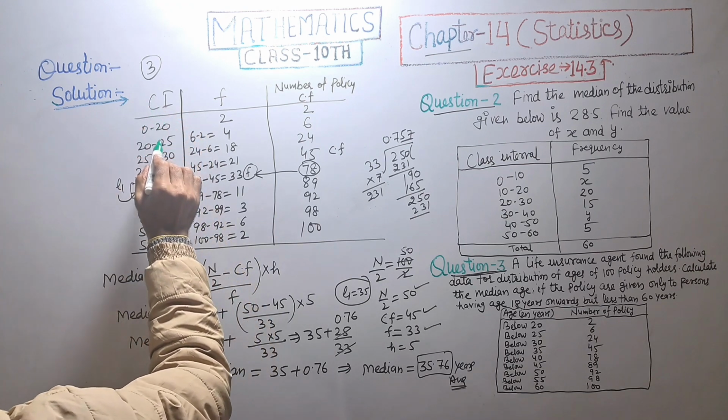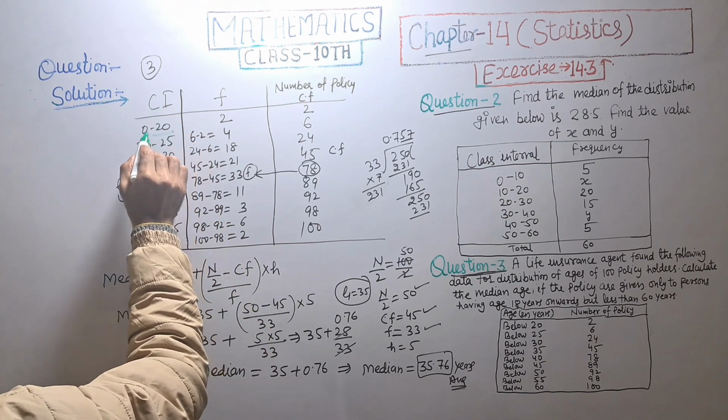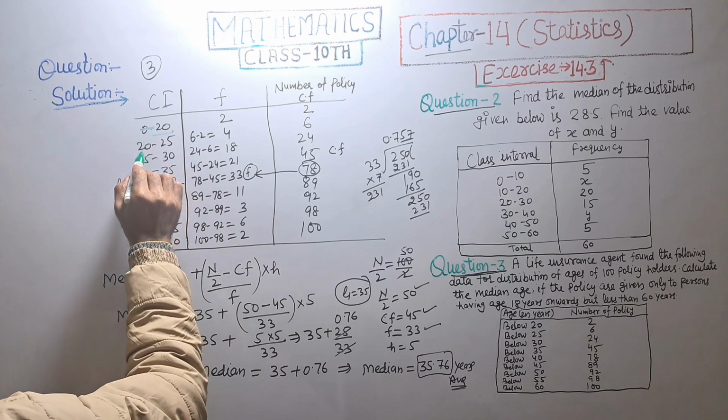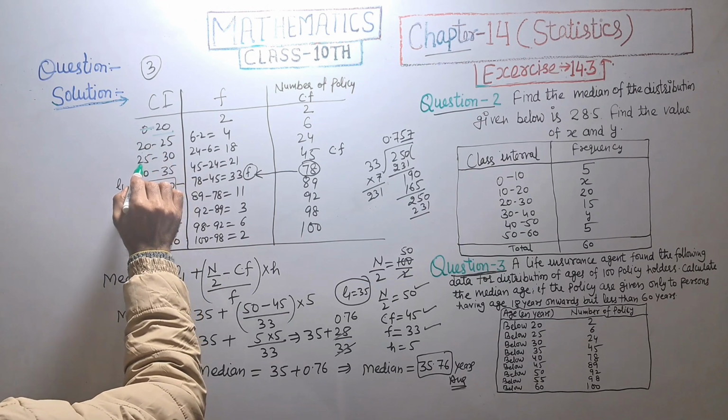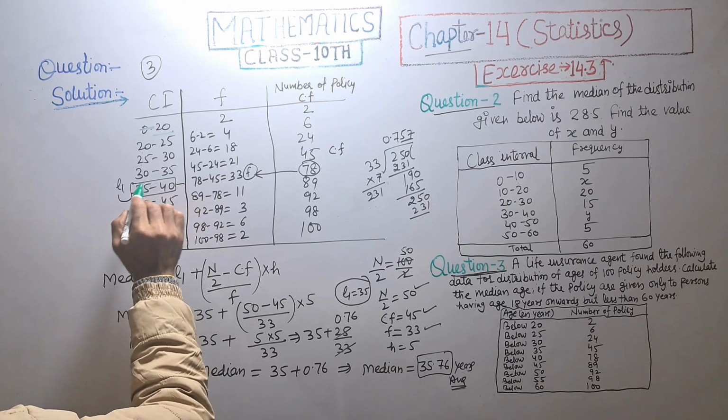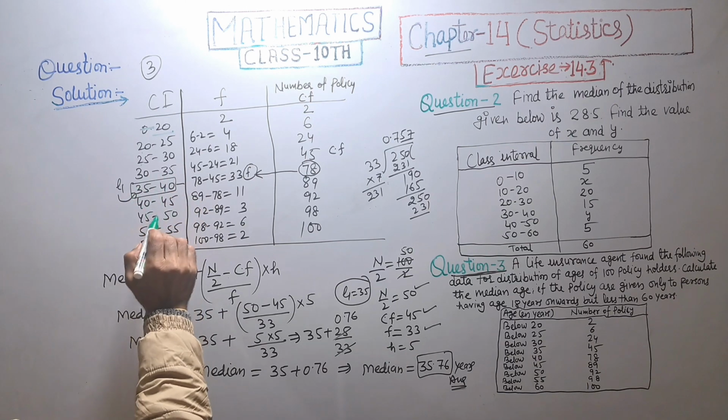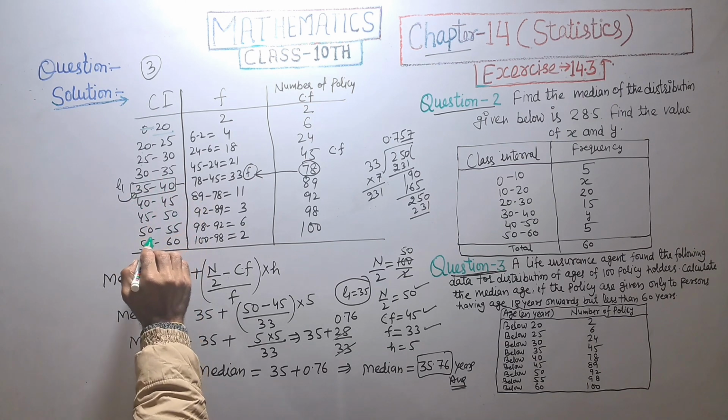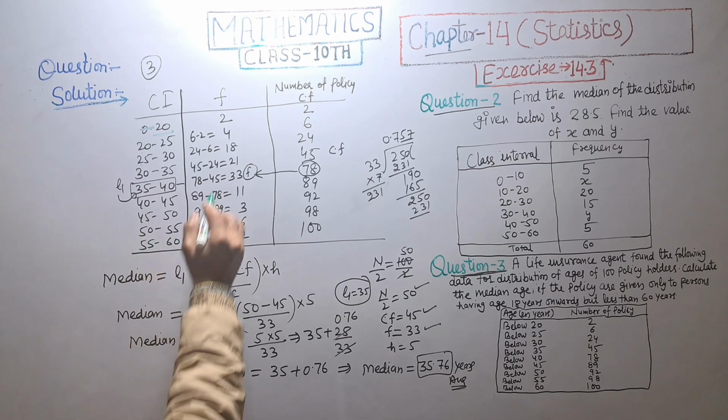Class interval: less than 20, 20 to 25, 25 to 30, 30 to 35, 35 to 40, 40 to 45, 45 to 50, 50 to 55, 55 to 60.